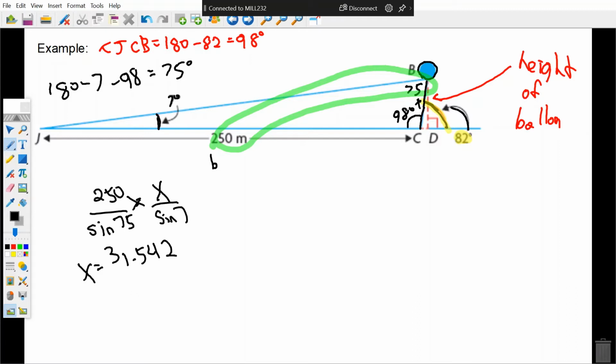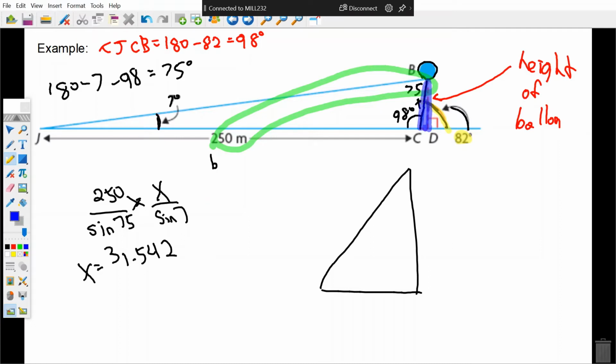Now, we're getting closer to our answer, but we don't quite have the height. I'm going to draw this again, a little bit bigger, so you can see it a little better. This is this piece right here. Let me highlight it in blue for you. This is this triangle right here.